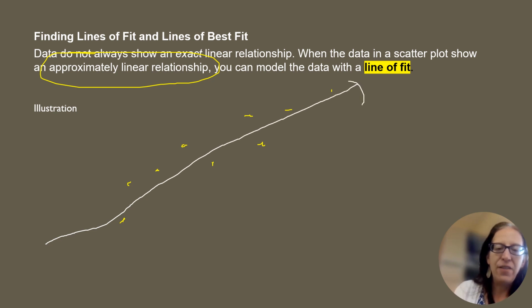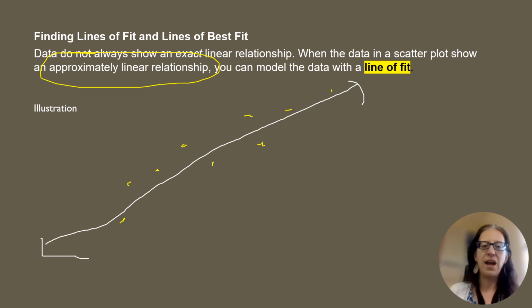The line of best fit is the line that comes as close to as many of the points as possible. It doesn't actually have to go through any of the points. It probably will go through one or two of the points, but it doesn't have to. It just comes as close as possible to as many of the points as possible.